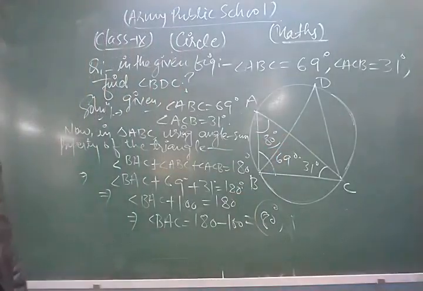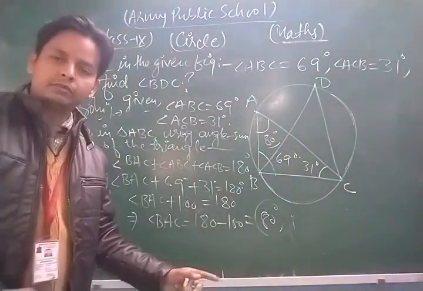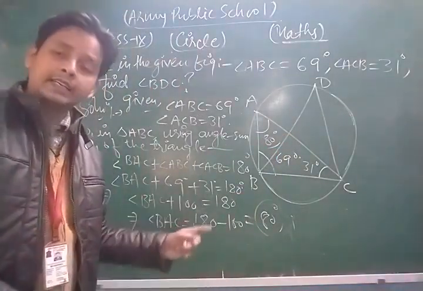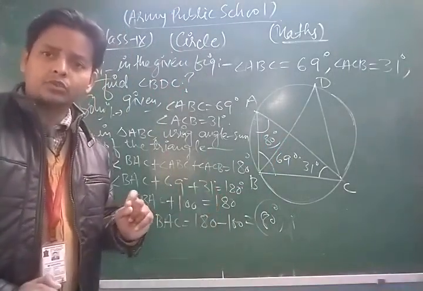So angle BAC, which we found, is 80 degrees, and we know the theorem we just discussed: angles in the same segment are also equal.